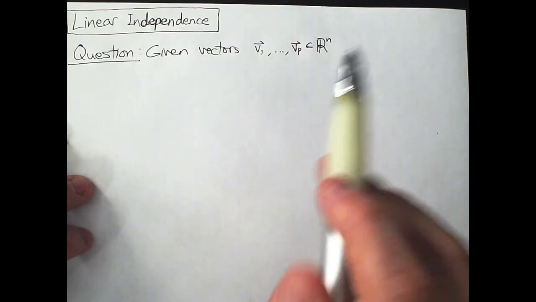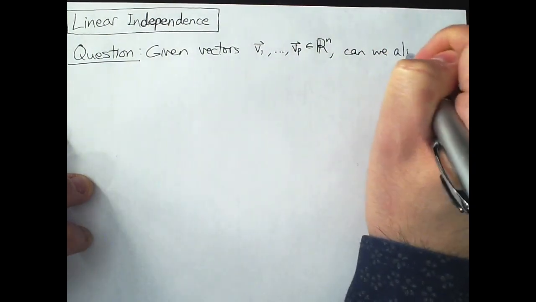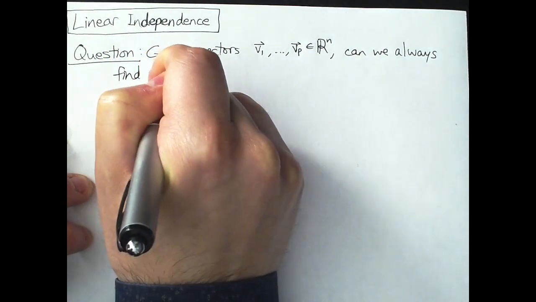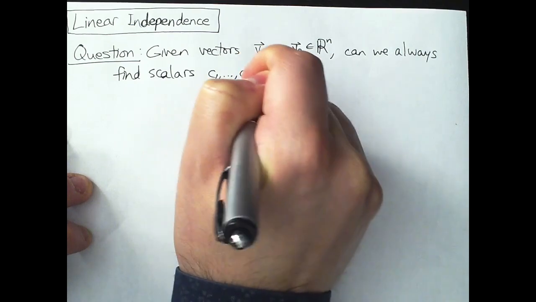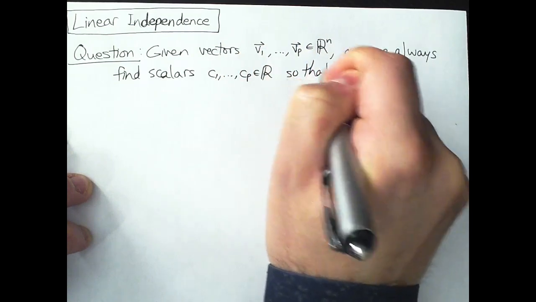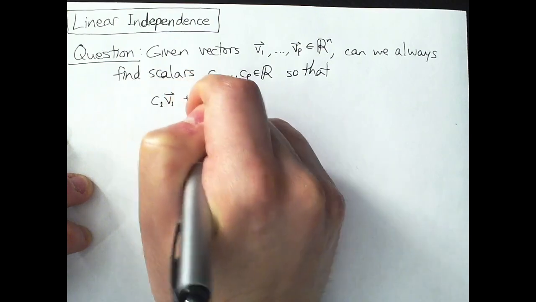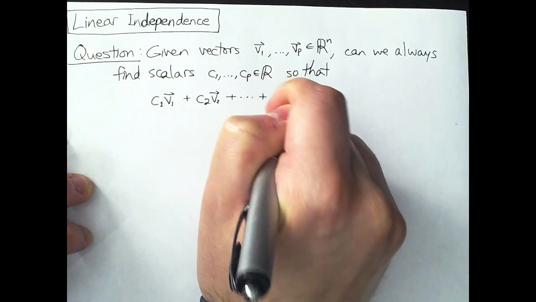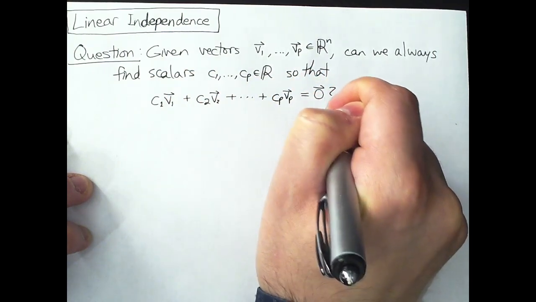Okay, can we always find scalars C1 through Cp in R so that the following is true: C1 V1 plus C2 V2 plus dot dot dot all the way up to Cp Vp equals the zero vector.